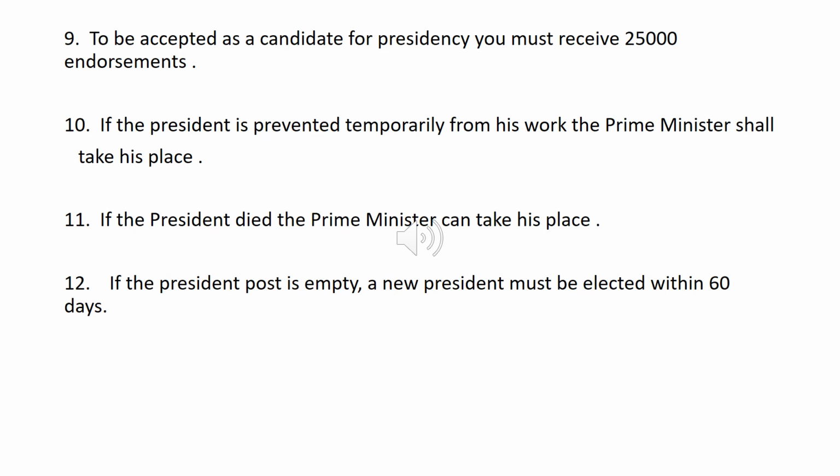If the president post is empty, that is, the president passed away or has a total health inability, in this case the post will be empty and the Speaker of the House of Representatives will take his place. And in this case, a new president must be elected within 90 days, a maximum of 90 days from the date of the passing of the president.